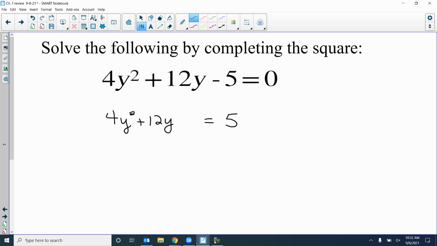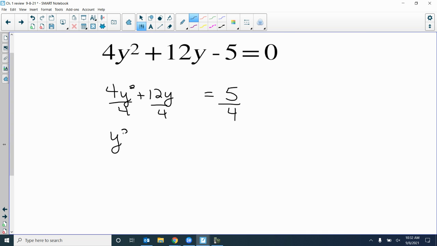You cannot complete the square using with a coefficient in front. So I divide everything by 4, and that gives us y squared plus 3y equals 5/4. To keep it as no decimals. Absolutely not. No decimals in completing the square.